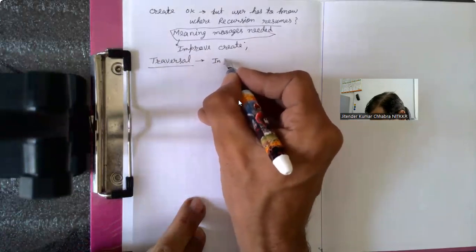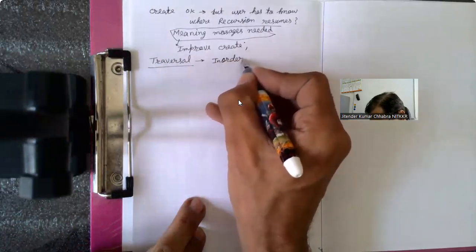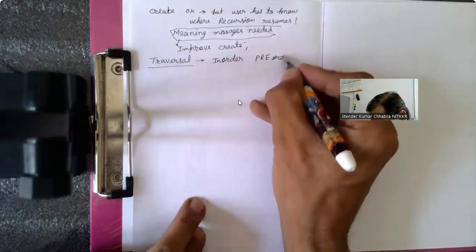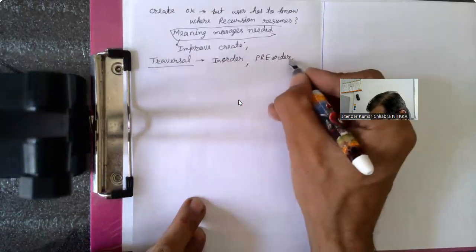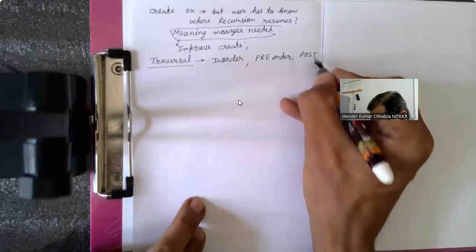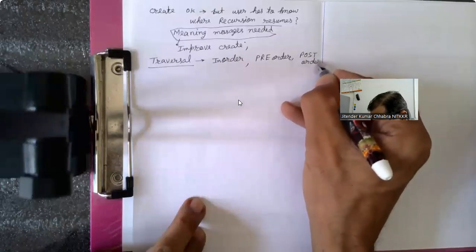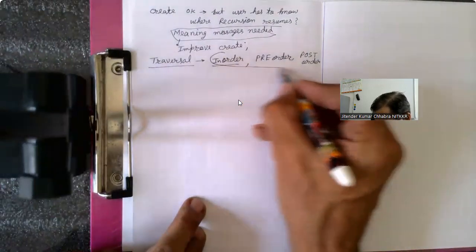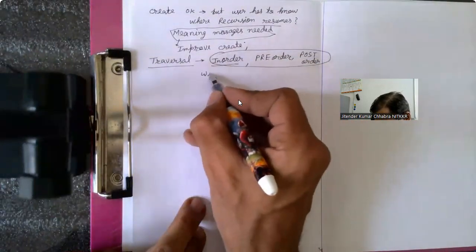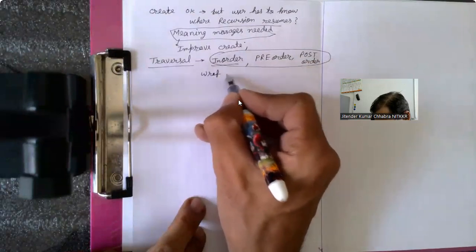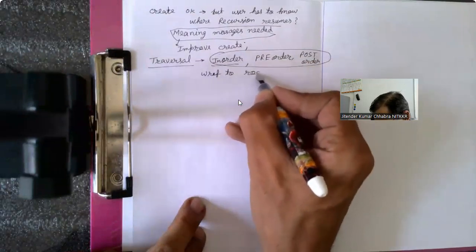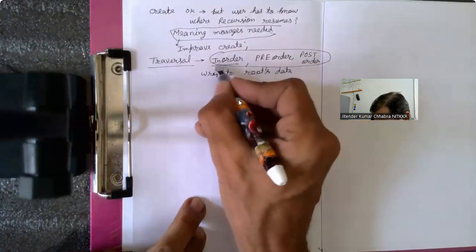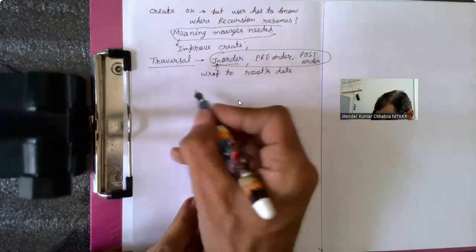One is called in order, another is called pre-order, and the third one is called post order. As the word suggests, they tell how they will work. In order, pre, and post are all with reference to the root's data. So in order means the root's data will be inside.